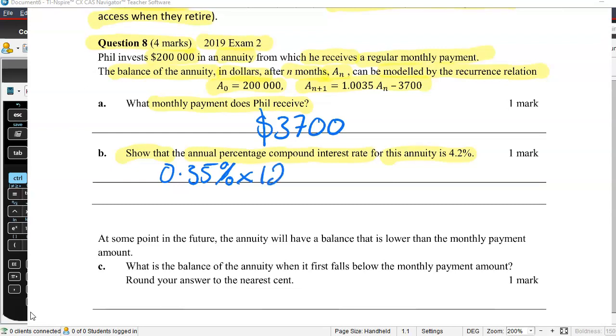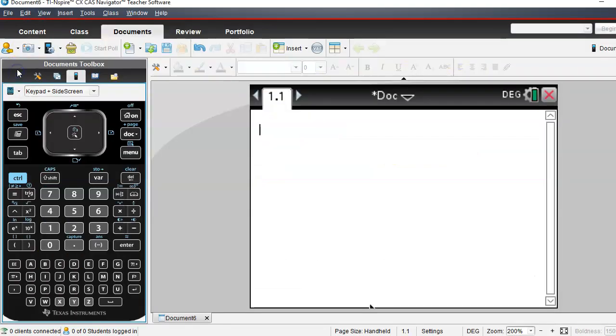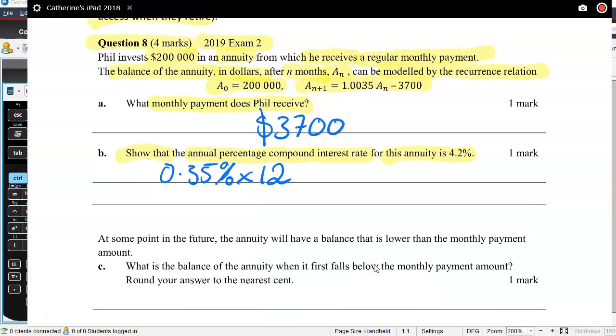If I times that by 12, if we go to our calculator, 0.35 times 12 is 4.2, so that's 4.2%.